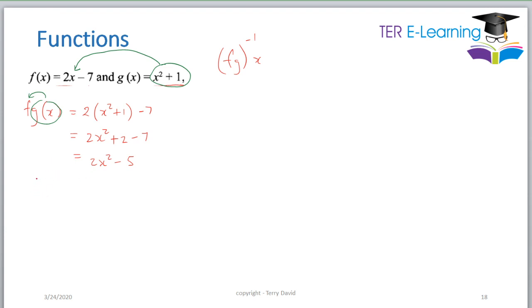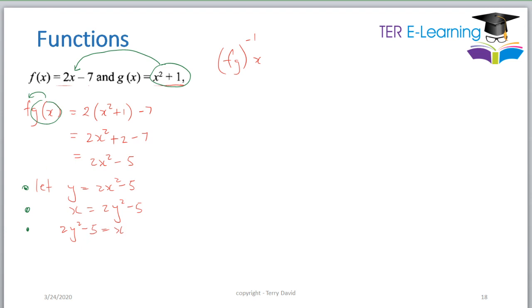So what we need to do is to say, let y equal 2x squared plus 5 minus 5, sorry. So that's our first step. The next step is the interchange. So this becomes x equal 2y squared minus 5. Then our next step is to make y the subject of the formula. So we can write 2y squared minus 5 equal to x.